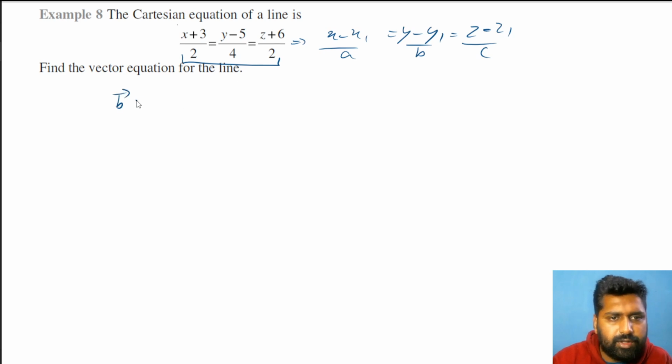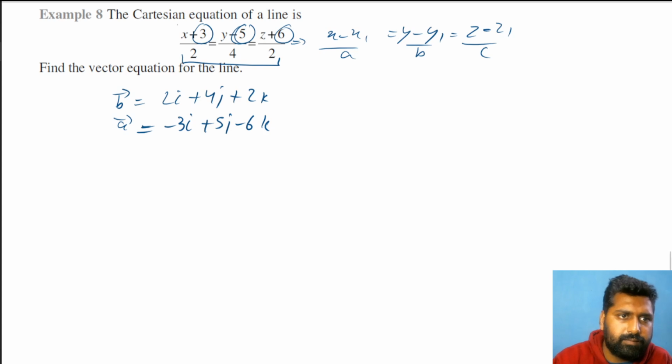So clearly I can say your b vector is 2i plus 4j plus 2k, and for the a vector you have to change the sign of whatever is written, because it's x minus x1, no? So a vector is, change the sign, minus 3i plus 5j minus 6k. Okay. Remember to change the sign.